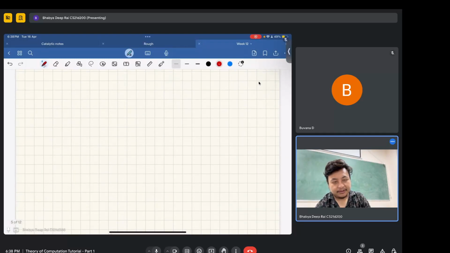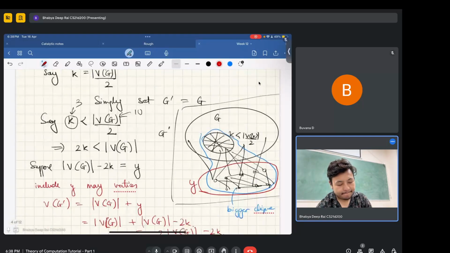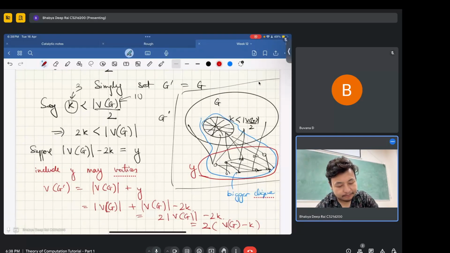Now what is the size of the newer click? Because we said that this forms a click, right? This forms a click, so we'll give it a name. Let me call it C prime. This is the new click.